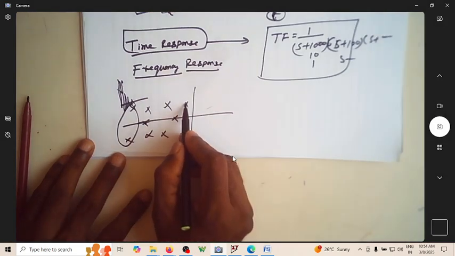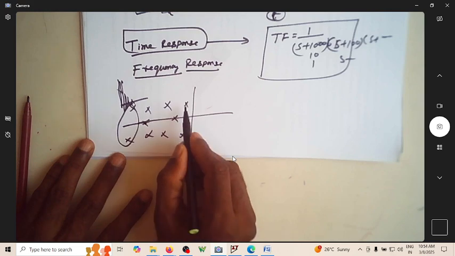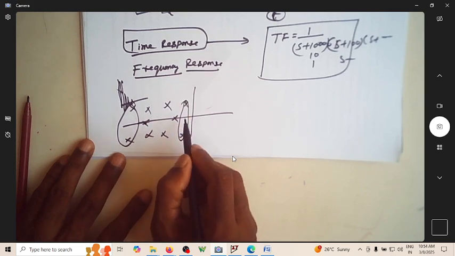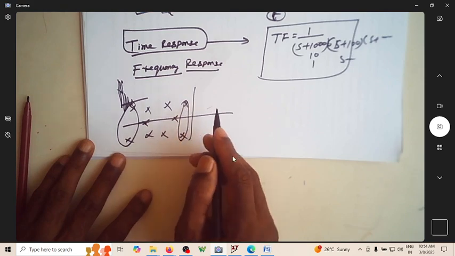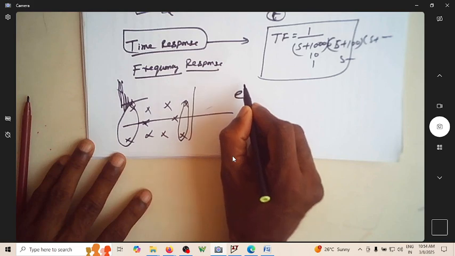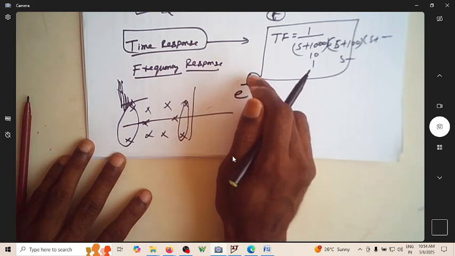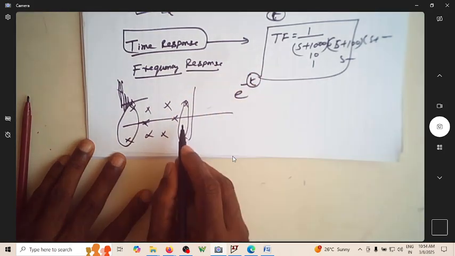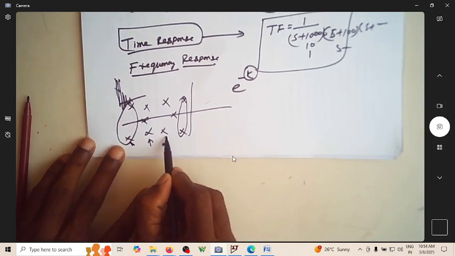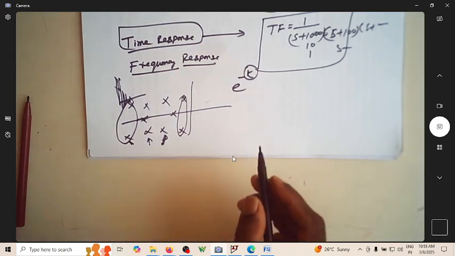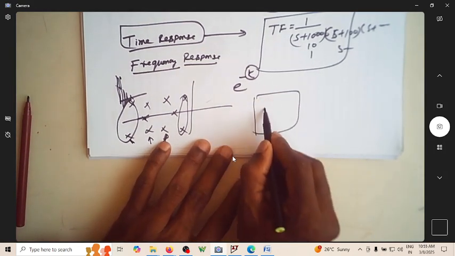And you can see these are the two responses which are the closest to the imaginary axis. So when it is closest, we know that whenever it is closer to this, it will have e power minus t. This will be least.